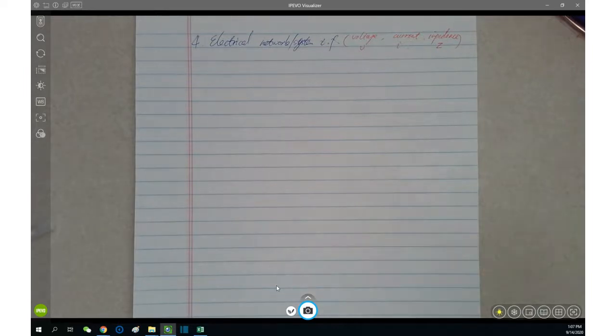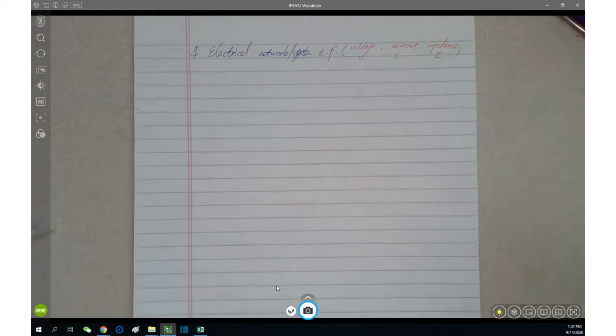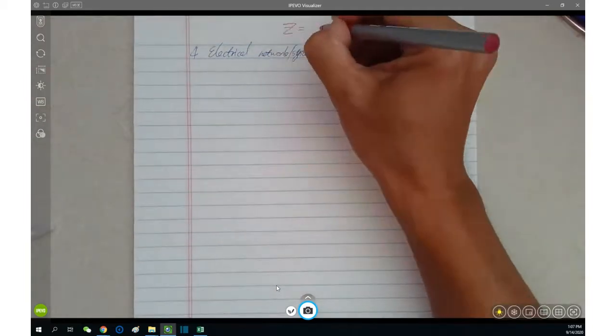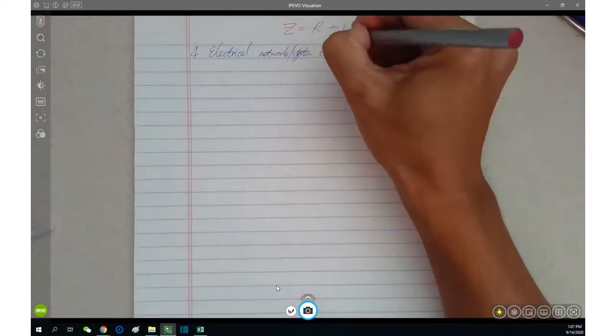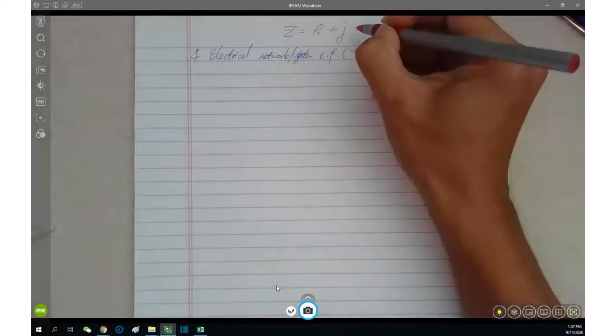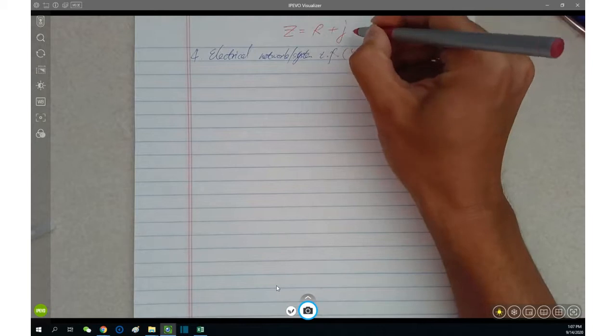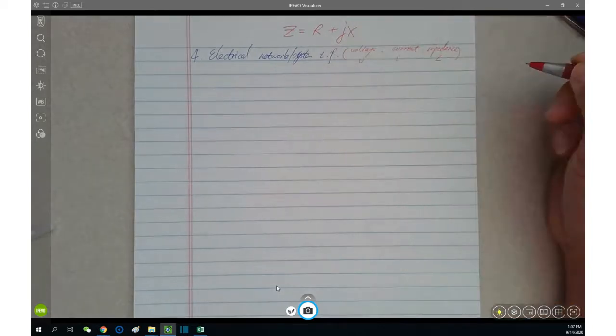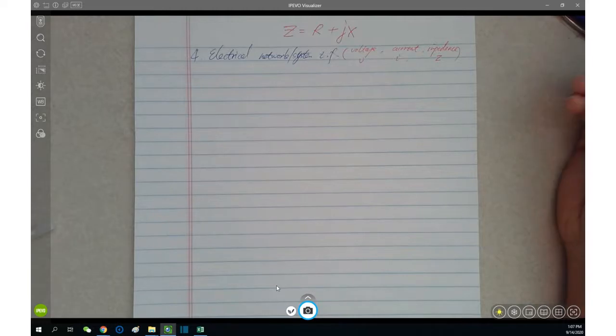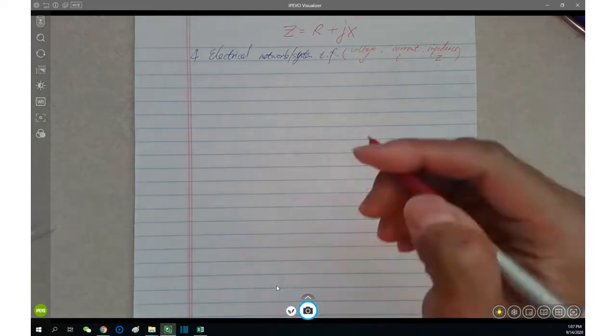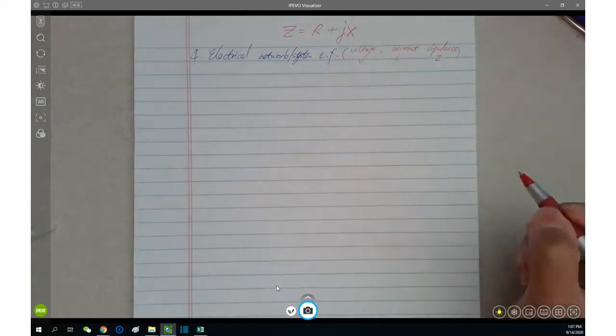Impedance equals resistance plus j what? X, which is reactance. Excellent, Jeff. Jeff and Noah got the correct answer here.